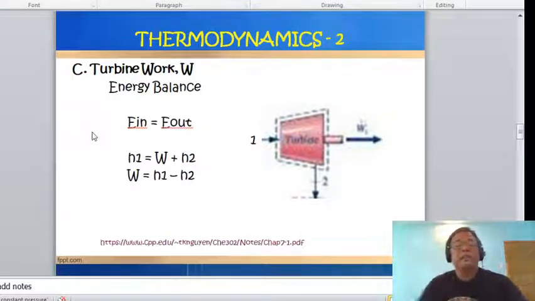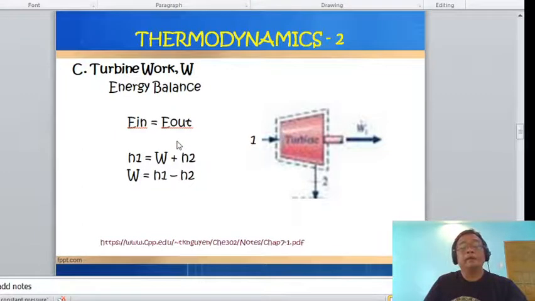Okay, so in preparation for the calculation of h2. And then, of course, leaving is the work and then the enthalpy at 2. So again, class, I already mentioned how you are going to calculate the enthalpy at point 2. Again, I'll repeat. After getting s sub 1, that is equal to s sub 2.